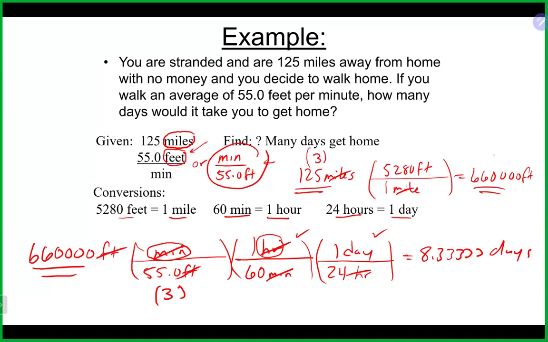Even though technically I didn't write 3 significant figures here, this one should still have technically 3 significant figures, which means my answer actually should end up with 3 significant figures in this case, right? 8.33 days. Again, I didn't round or anything like that. I didn't write it in scientific notation, but that really should have 3 significant figures.